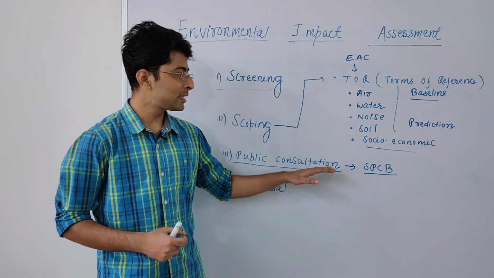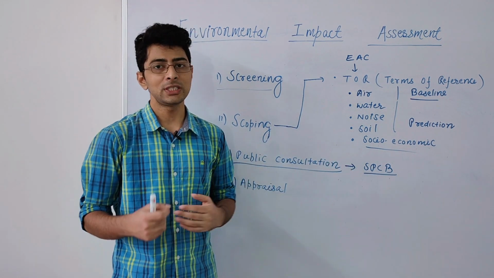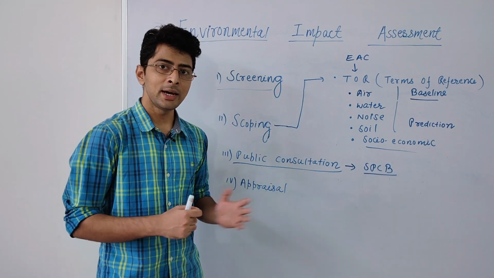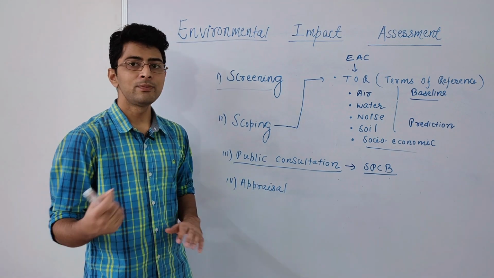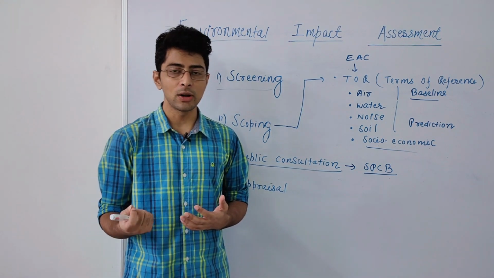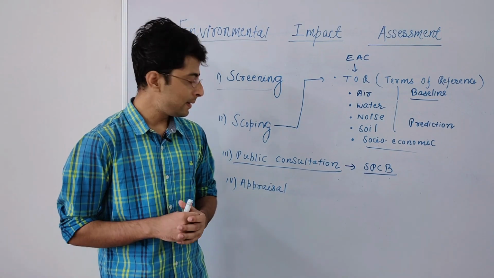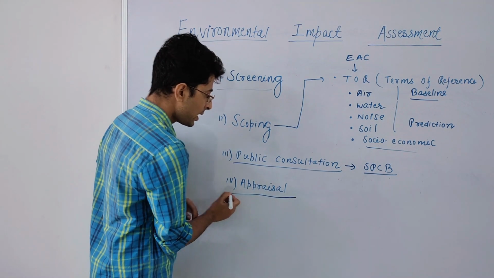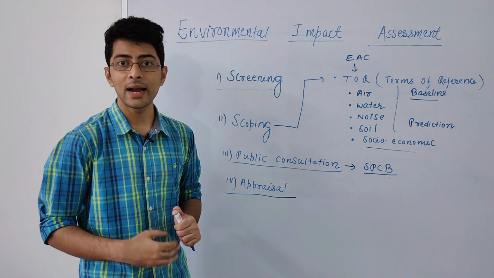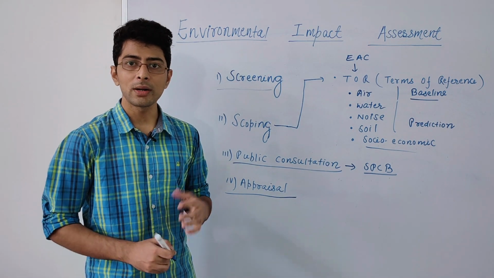So after all these stages, that is the study of the changes in different parameters which a project can cause, and the concerns of the public which are mentioned in the EIA report, the report is given to the EAC, which is the Expert Appraisal Committee at the level of the central government, and SEAC for category B projects at the level of the state. The Expert Appraisal Committee assesses the environmental impact assessment report, and on the basis of that they have to give the decision on whether the given project is recommended or rejected.